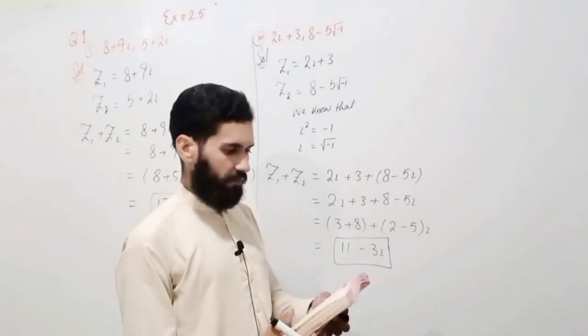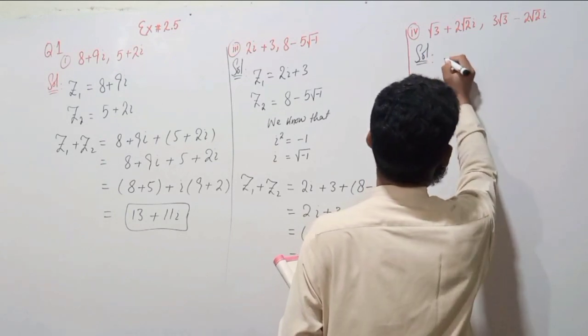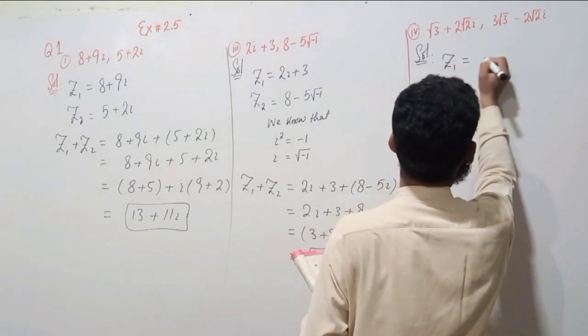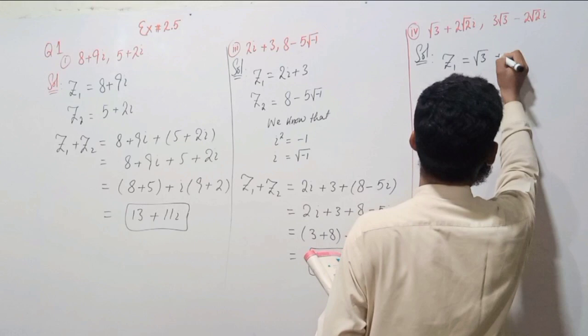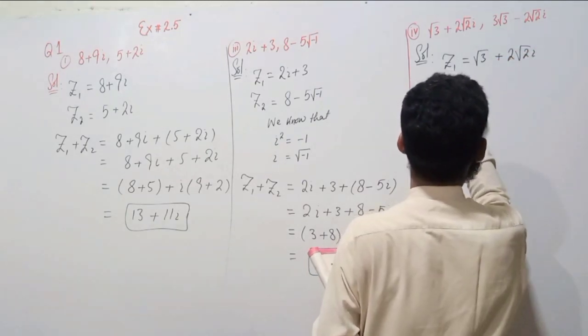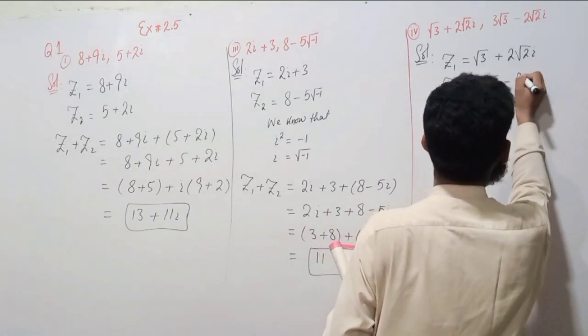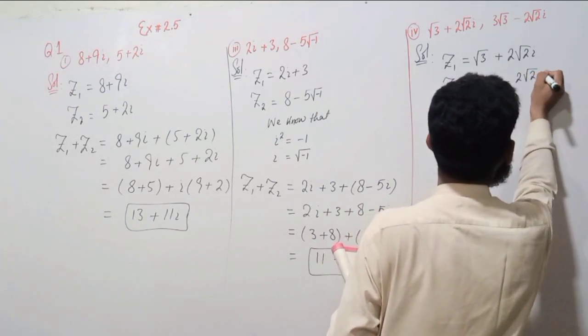Now for part 4, we name z1 is equal to square root 3 plus 2 square root of 2 iota, and z2 is equal to 3 square root of 3 minus 2 square root of 2 iota.